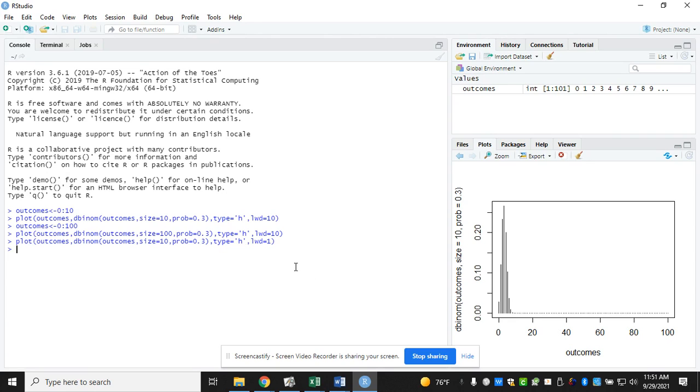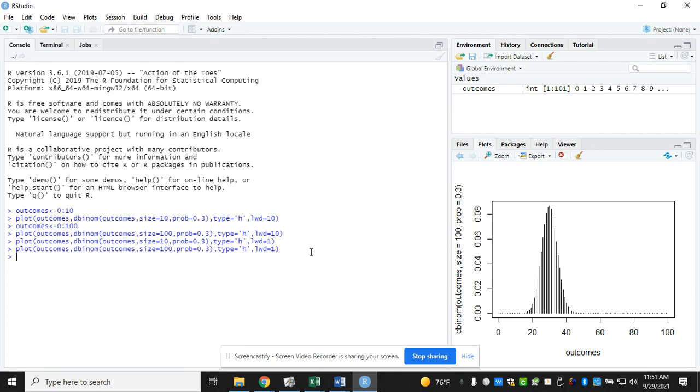Ooh, I switched too much. What's the shape of that? Is that bell-shaped or is that skewed?